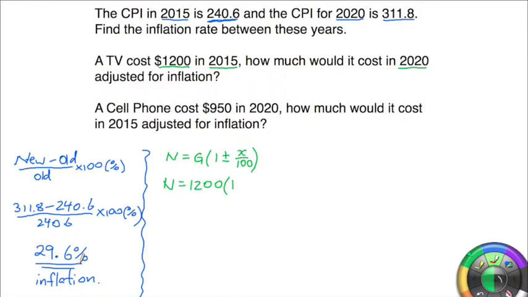This percentage here, because our prices are going up, is a percent increase. So I'm going to write in here plus 29.6 and divide by 100. I could have just turned around and written 0.296, but I'll do it this way. So you do this in your calculator. 1200, 1 plus 29.6 divided by 100, and we would expect, based on inflation, that a TV would cost this much.